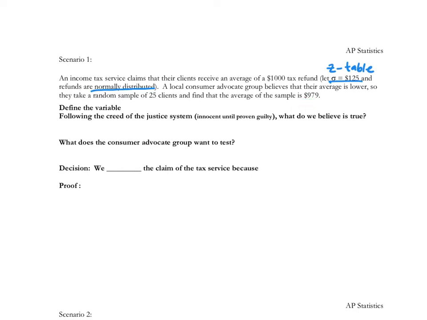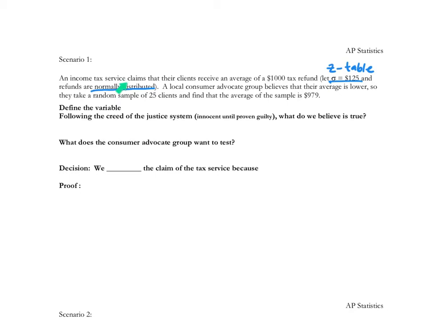Okay, so what's going on here, right? That's the question. We have an income tax service. This can be H&R Block. This can be a friend that you know or someone that's charging you to do your taxes. Maybe your parents go to H&R Block. Maybe they ask a friend of theirs.